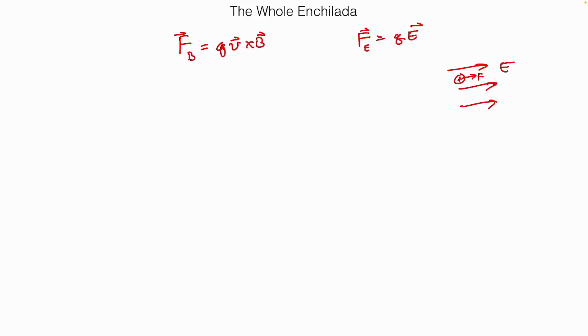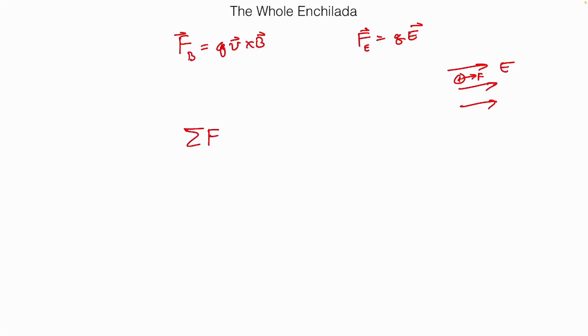So a charge could be moving and experience no magnetic force if its velocity is in the same or anti-parallel direction to the magnetic field. They are distinct forces caused by different physical effects. However, a single charge can experience them both.